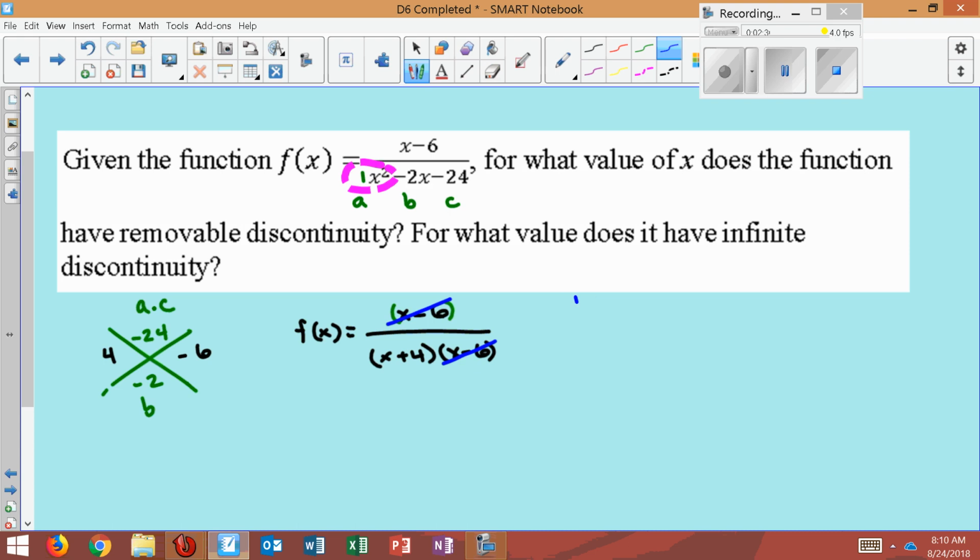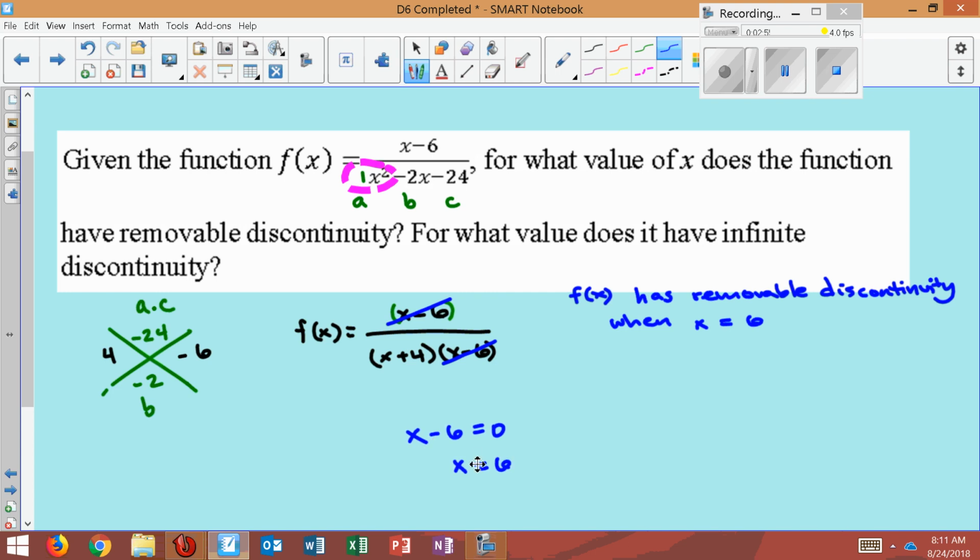So f of x has removable discontinuity, and I'm about to show you all this in the graph, when x equals 6. The way I get x equals 6 is because x minus 6, you set it equal to 0, and then you add the 6 over. That's where that value came from. So it has a removable discontinuity when x equals 6.